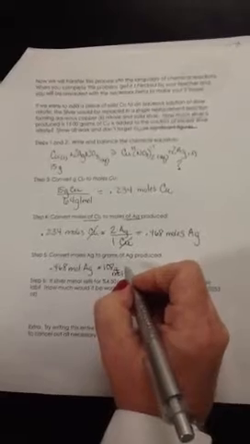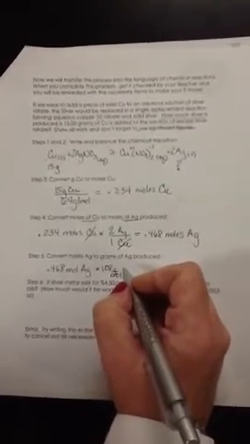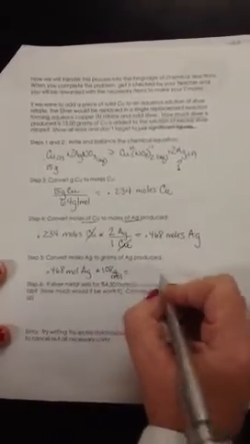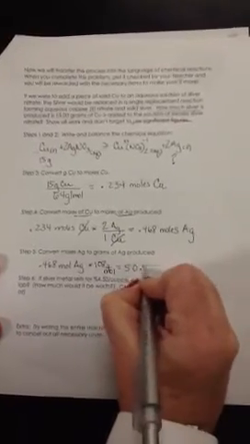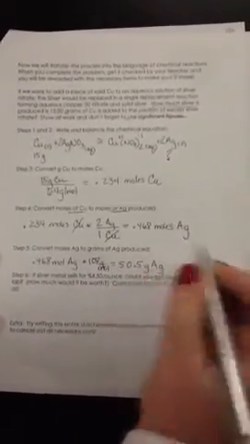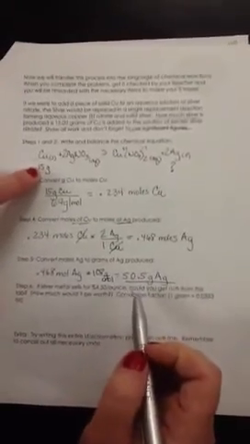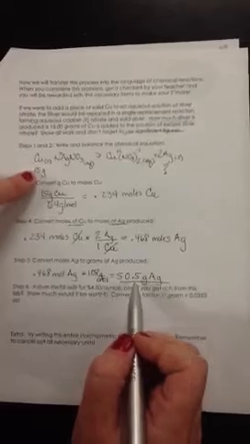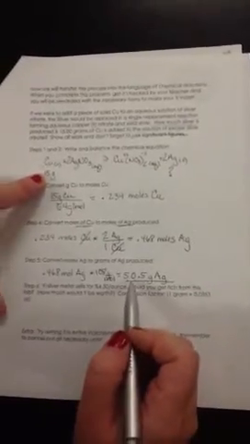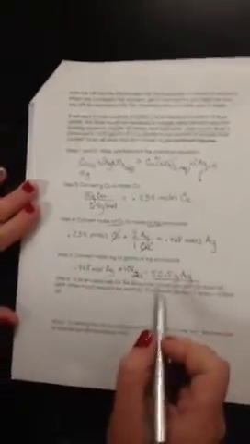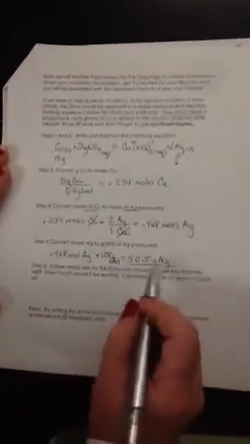So 0.468 times 108, we get 50.5 grams of silver. So that's how much we made from 15 grams of copper. Okay? So it's just like saying with the 454 grams of marshmallows, we could make 64 s'mores with 128 graham crackers.